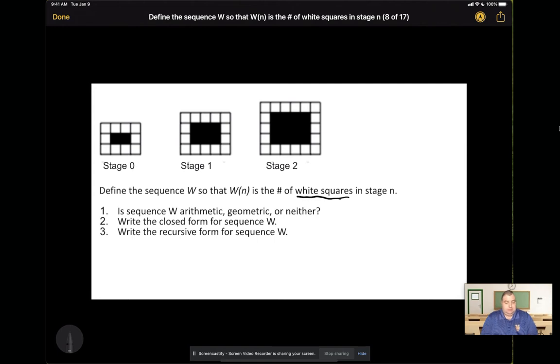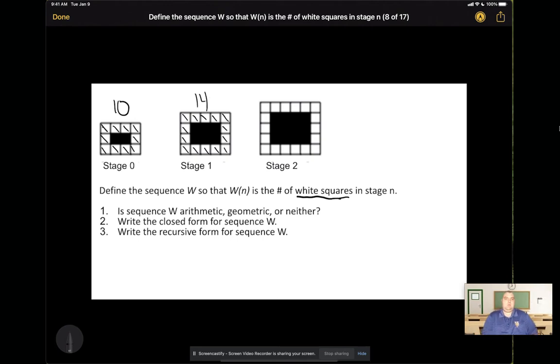So for stage 0, if my starting term is going to be 1, 2, 3, 4, 5, 6, 7, 8, 9, 10. So there's 10 white squares to start with. Then we have 1, 2, 3, 4, 5, 6, 7, 8, 9, 10, 11, 12, 13, 14.